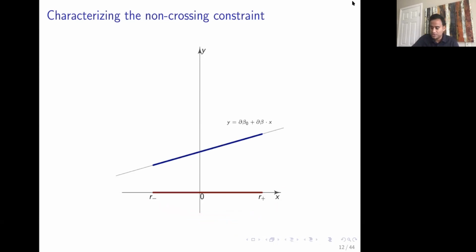It has a departure in the intercept given by this change in the intercept and this change in the slope. Those are the things I can control. So I can move the line up and down. I can tilt the line left and right. And I want to know what are my boundaries for those two quantities so that the blue line always, within that domain, stays above the red line.